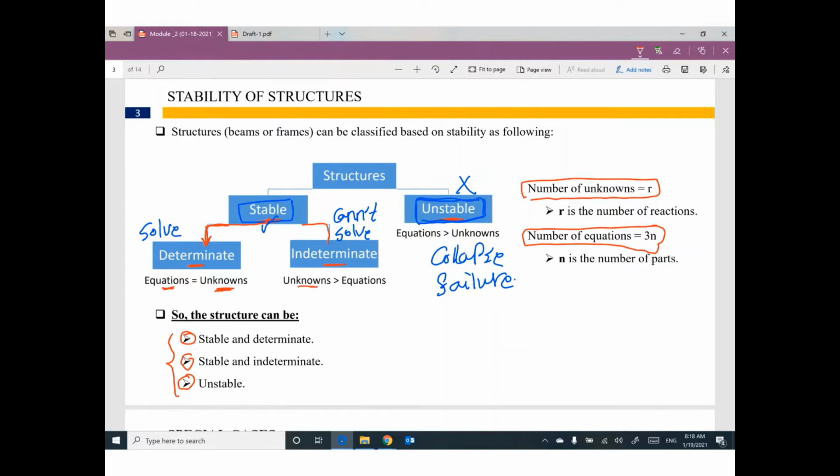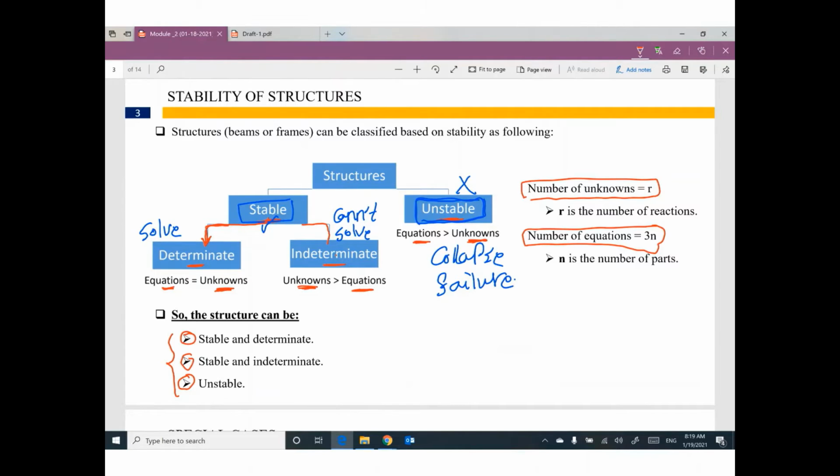If the number of unknowns is greater than the number of equations, stable and indeterminate. If the number of equations is greater than the number of unknowns, mathematically it means we have fewer unknowns but many equations. That doesn't make any sense mathematically, so your structure is unstable.